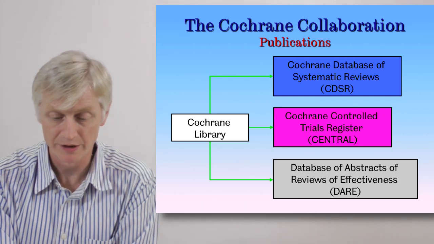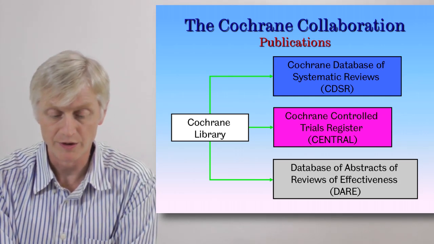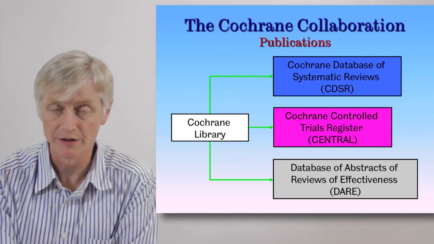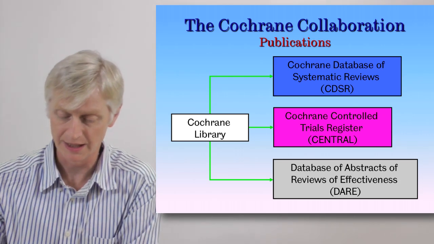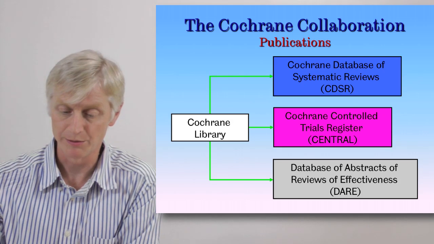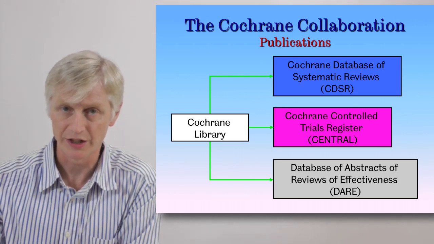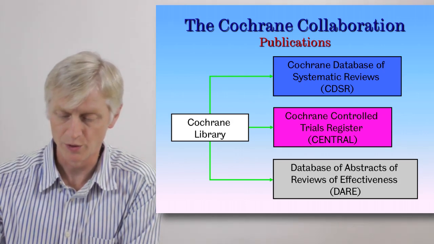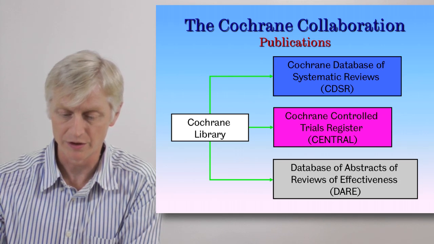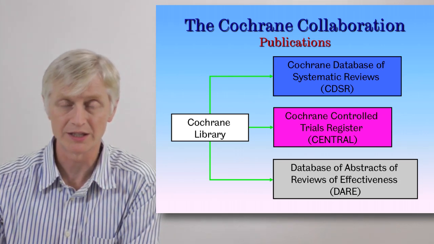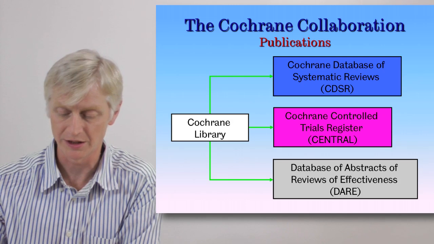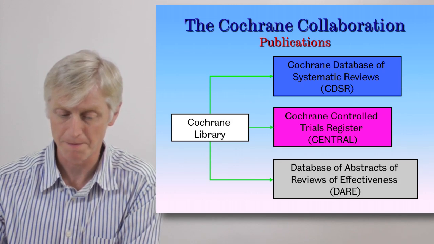It's much more accurate than electronic searching of the literature. So volunteers have carried out hand searching of all the medical literature, including the dental literature, and all the studies that have been identified by that hand searching have been coordinated in the Cochrane Controlled Trials Register. So if you're going to undertake a systematic review, that's a good place to start your search.